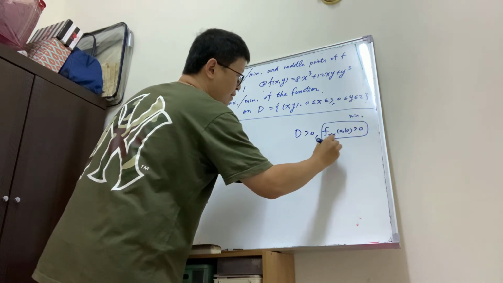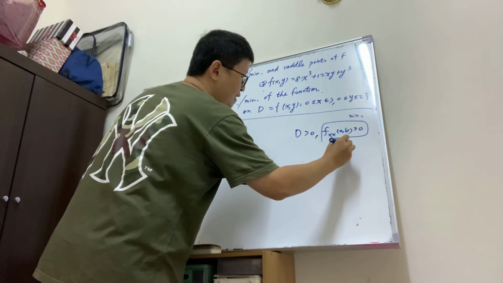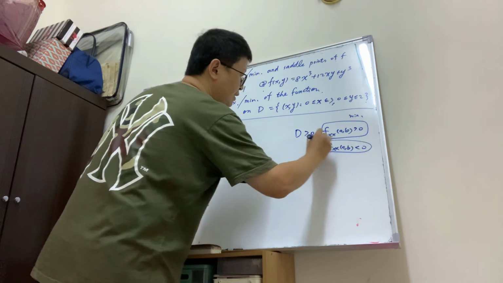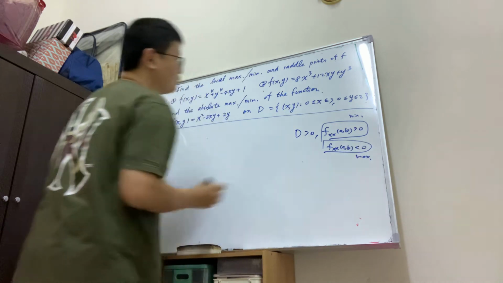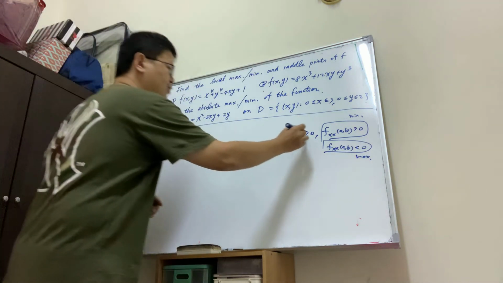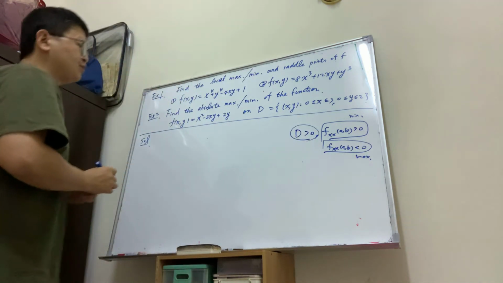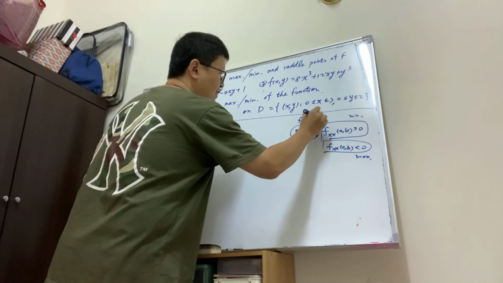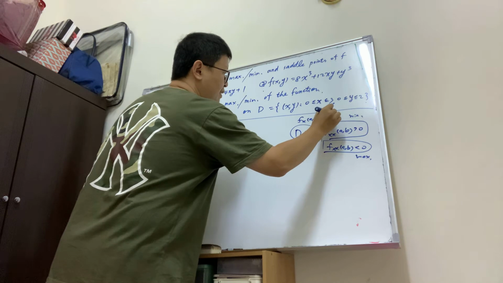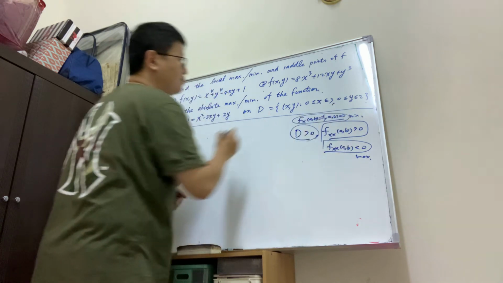And if the second partial derivative is less than 0, then it's concave downward, so it's a local maximum. But it's under the assumption, and of course, we still have the assumption f_xy equals f_yx.